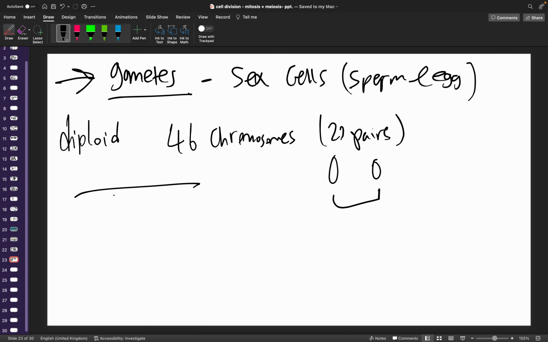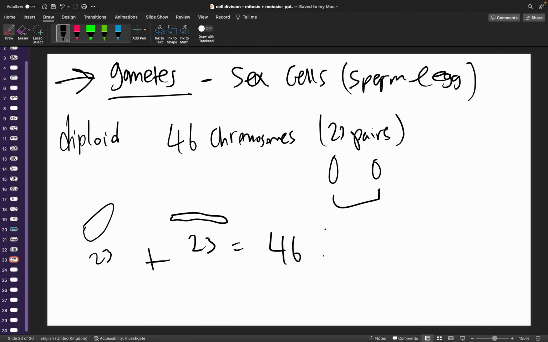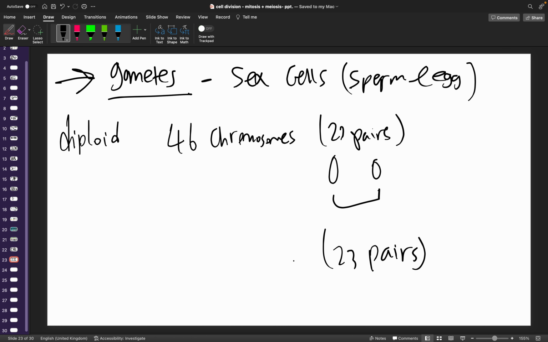So what we have instead is the egg cell having 23 chromosomes in total with no pairs, and the sperm cell will also have 23 chromosomes with no pairs. And the two can combine to make 46 chromosomes with 23 pairs in our fetus, the baby. That's how it roughly works. Then how exactly does meiosis work?